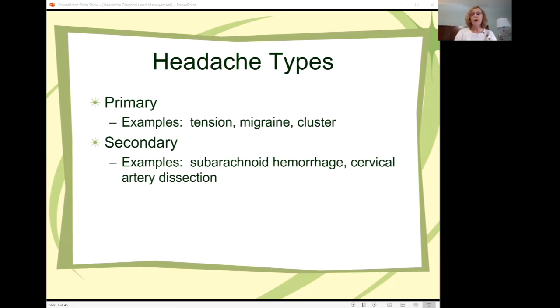There are a number of causes of secondary headaches that we'll discuss today, but the most common cause of death associated with a secondary headache is due to vascular events, such as a subarachnoid hemorrhage following an aneurysm rupture or an internal carotid artery dissection, both of which can have ophthalmic signs.